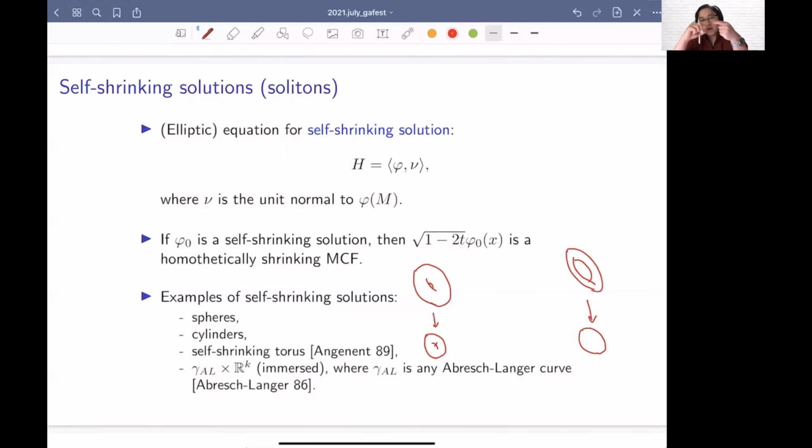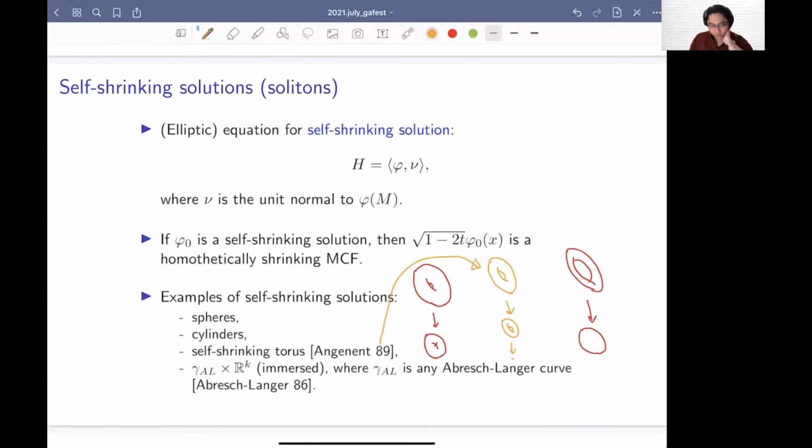Now, if the two circle factors try to balance each other out, then there should be some intermediate configuration where neither wins in this game, so it remains a torus until it disappears. Okay, so the one in the middle is the one actually constructed by Angenent. So this is a self-shrinking torus.